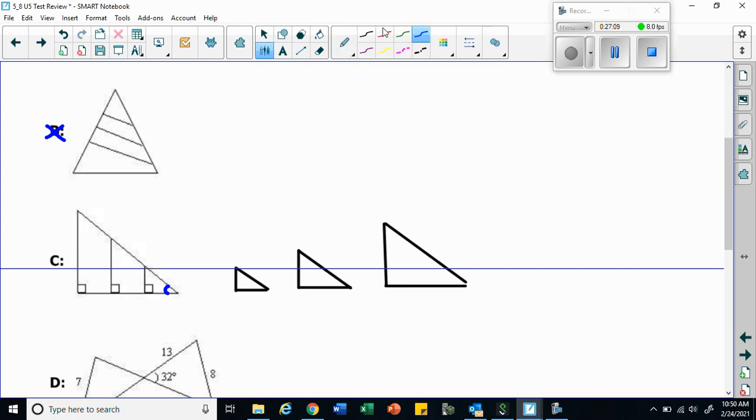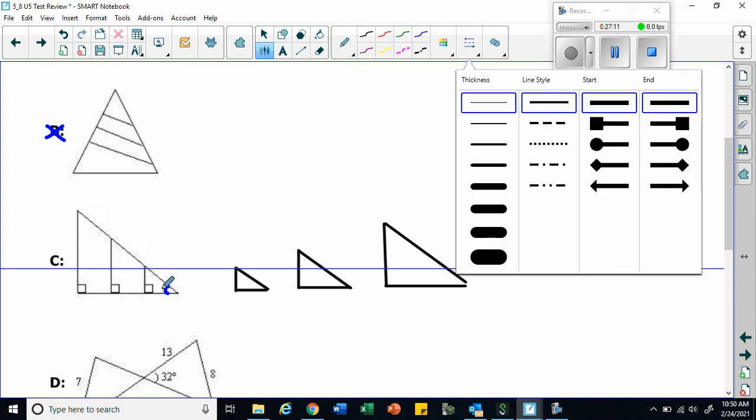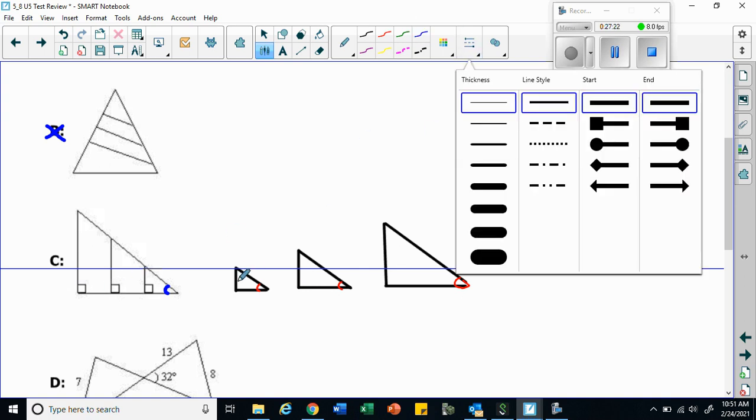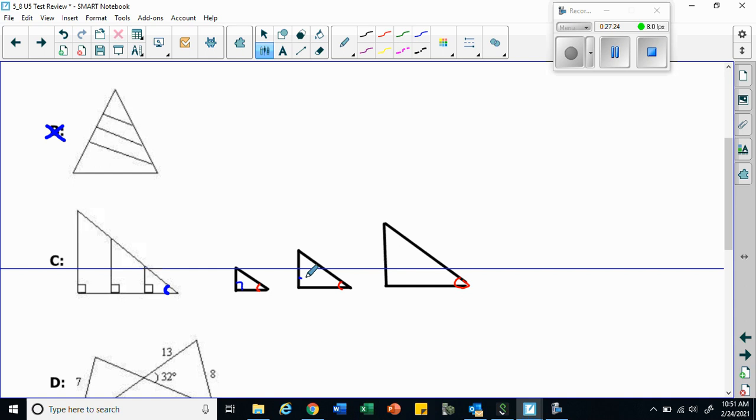So what do we know about these triangles here? They all share the tip of this triangle right here. What else do we know? Each one of these has a what? Each one of these has a right angle, which means that these can be proven similar using angle similarity.